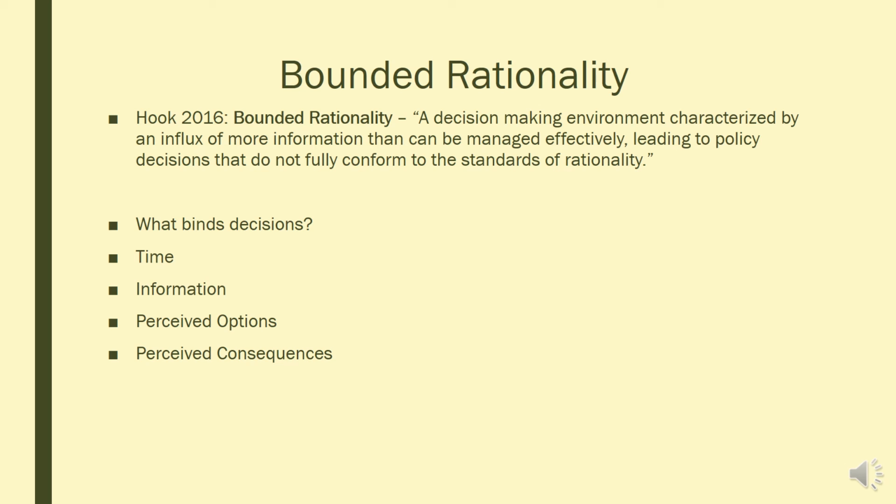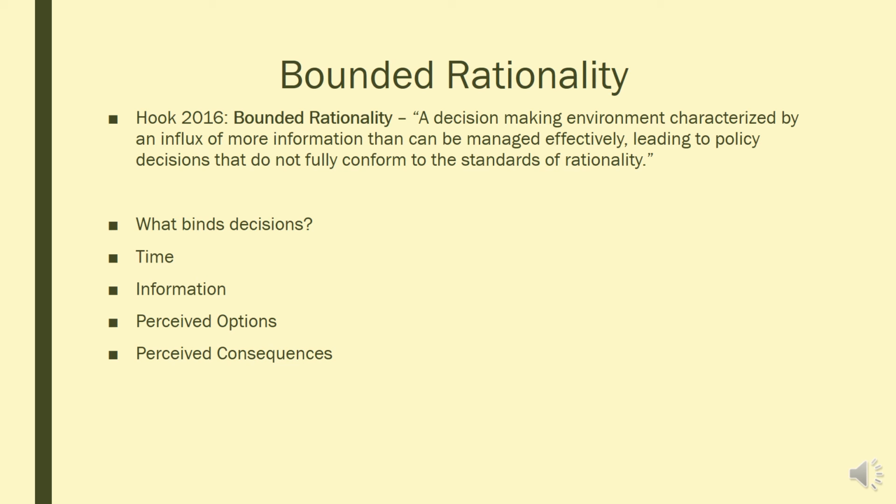In this case, the U.S. felt it had to act before the missile sites on Cuba were operational. Information. You're always going to be limited or bound in the level of information that you have. Nobody has a full understanding of any given situation. Perceived options.